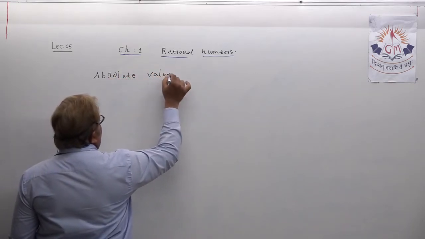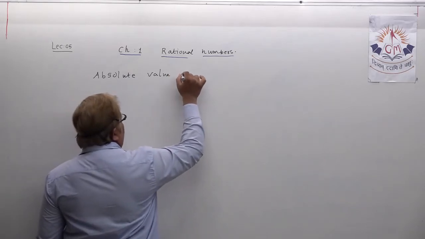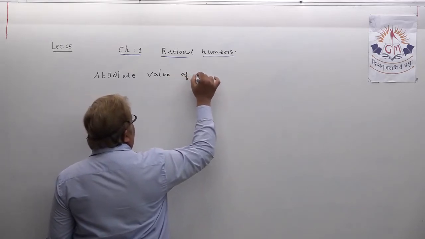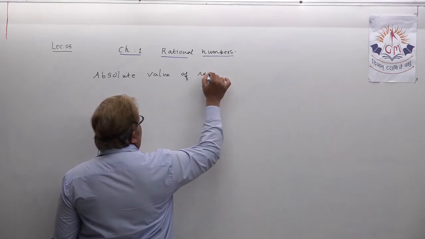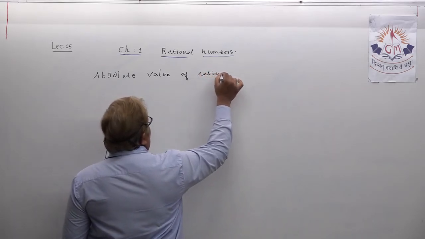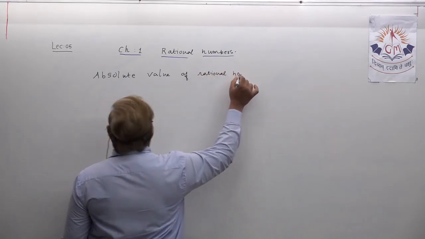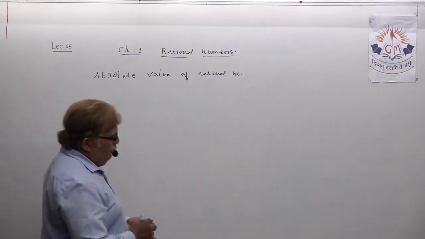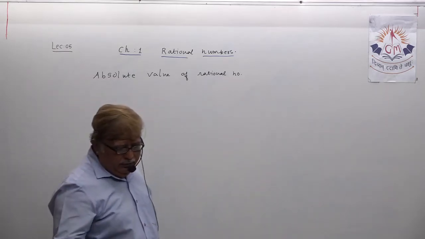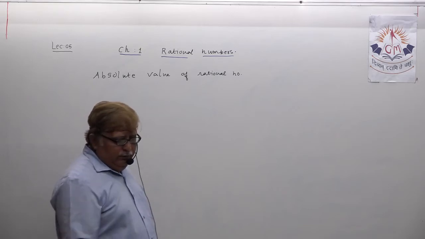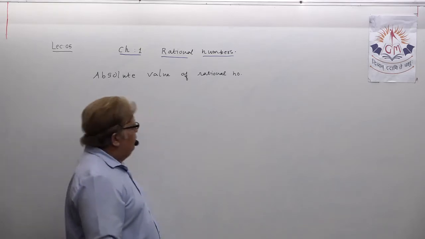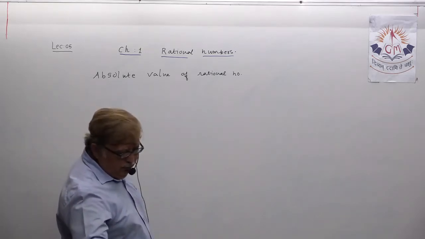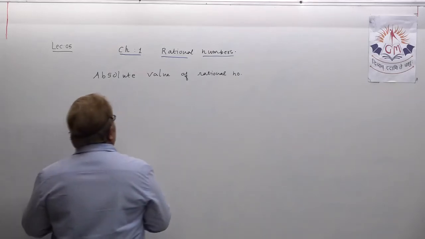Okay, first I want to explain to you what is the meaning of absolute value of rational number. That you have to understand first. What is actually the meaning of absolute value of rational number?